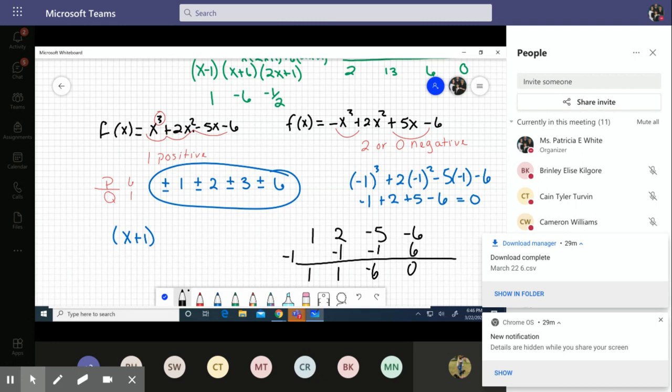Go ahead. Will you ever have a problem where the exponent, like f of x is x to the 3, 2, 1, and you have to put in a 0 so that you have all of them?